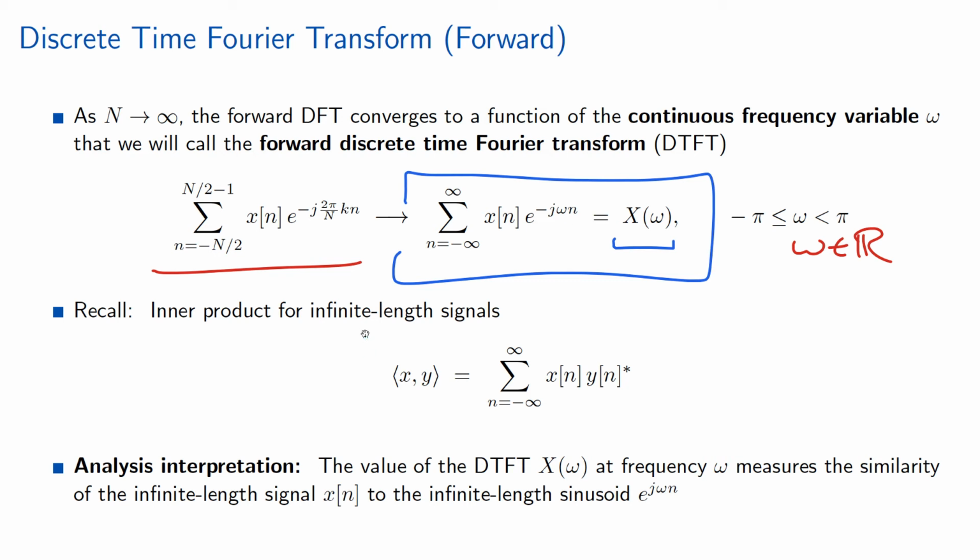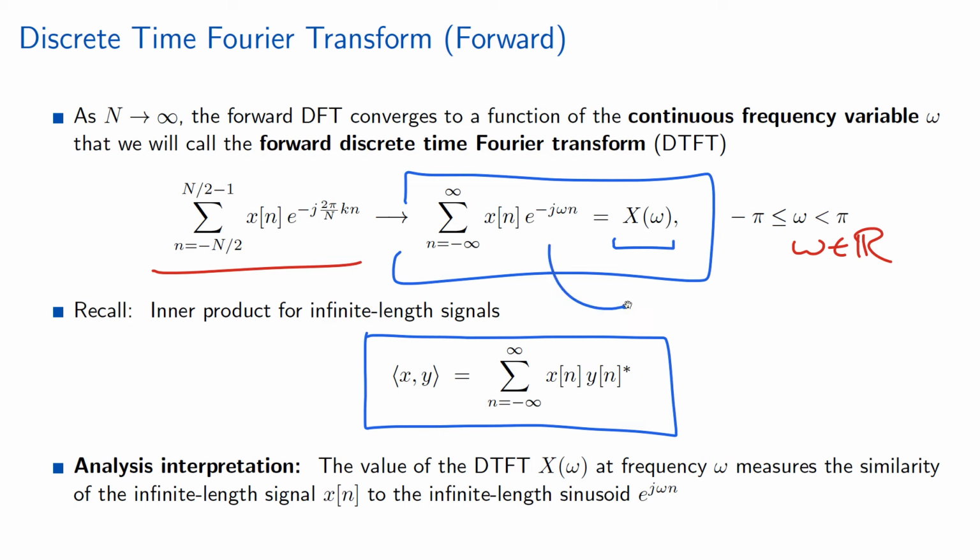Recall that the inner product for an infinitely long signal x and an infinitely long signal y is just the infinite sum of their dot product, basically the product of the two signals taken pointwise, where we conjugate the second signal. And so you can see that this is nothing other than an inner product between the signal x and, kind of abusing some notation, a signal e to the j omega n, right, which is a sine wave.